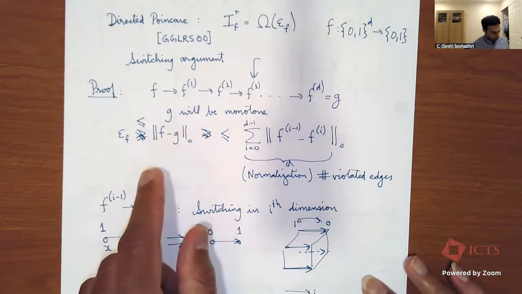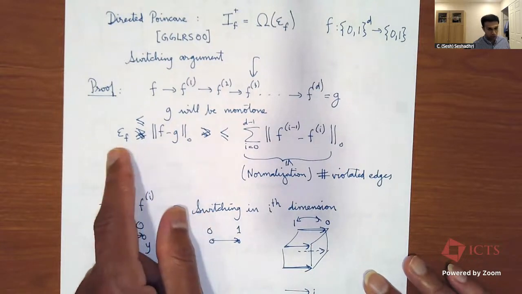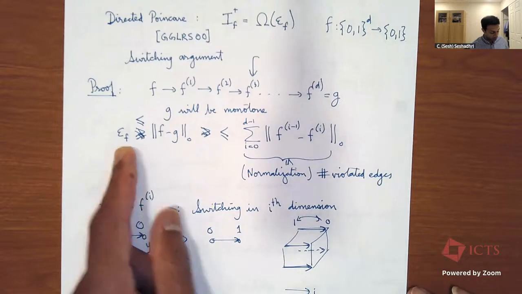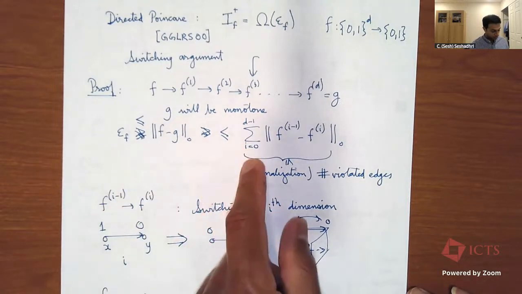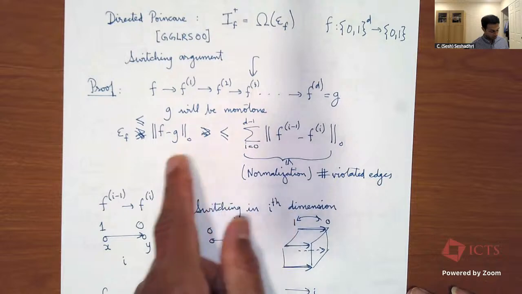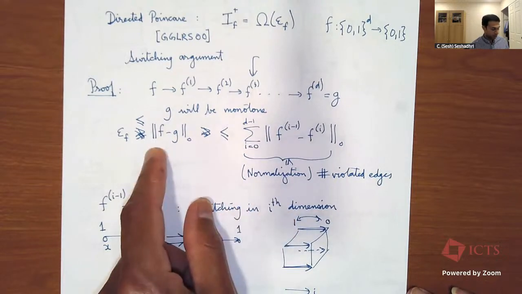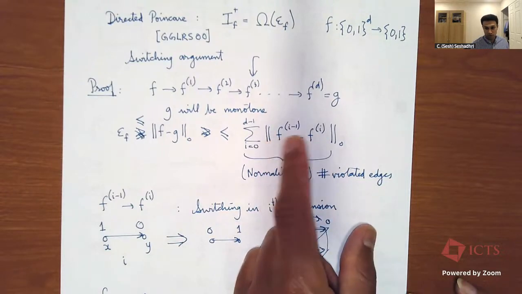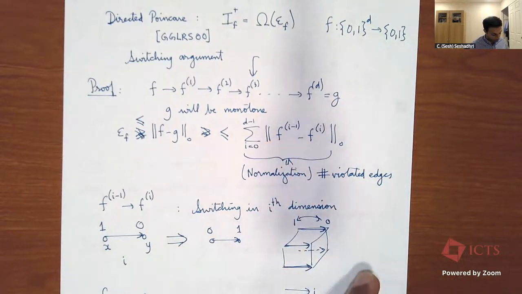So G is monotone, so the distance between F and G is going to be at least epsilon F. That's by the definition of distance to monotonicity. And then what we get over here is that the difference between F and G, by triangle inequality, is just the differences of the distances between every successive pair Fi minus 1 to Fi.